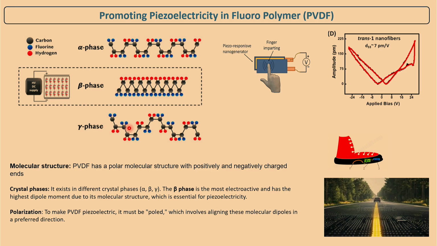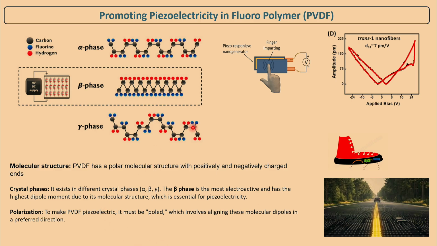But in the gamma phase you don't get such a thing, and that is why PVDF is very special. It has a polar molecular structure with positively and negatively charged ends. It can have crystal phases alpha, beta, gamma, and the beta one is the most electroactive and has the highest dipole moment because of its molecular structure, which is very essential for the piezoelectric values.